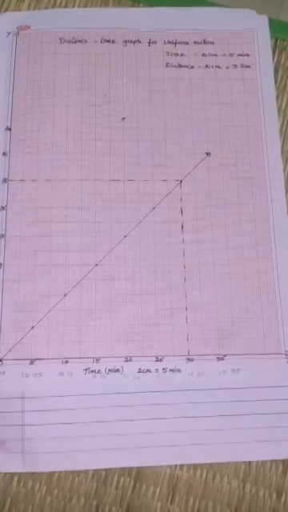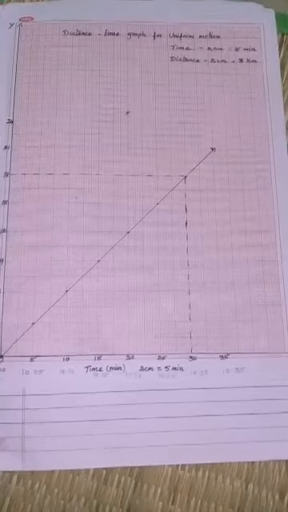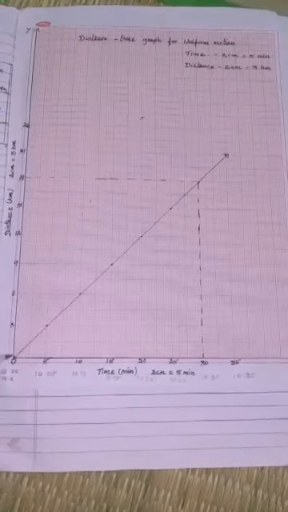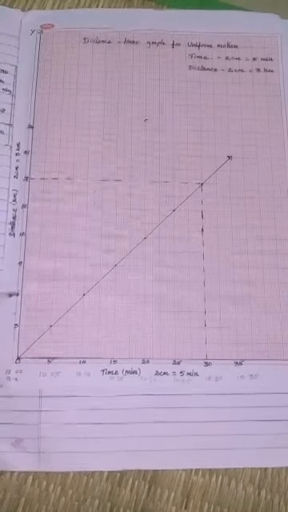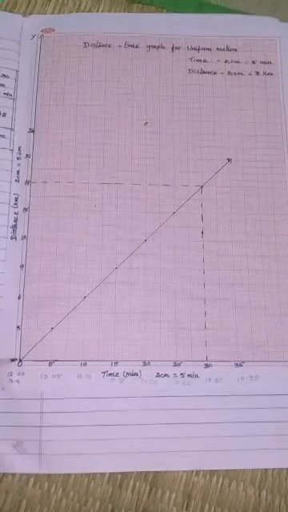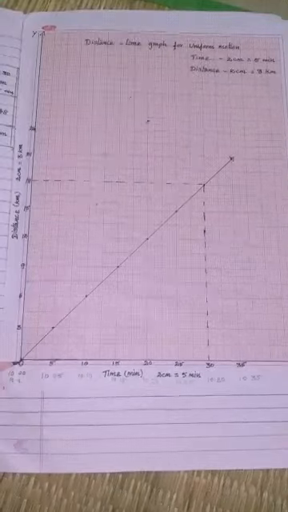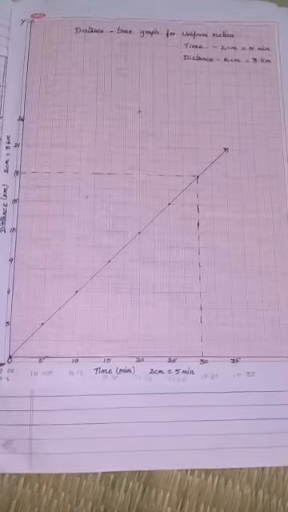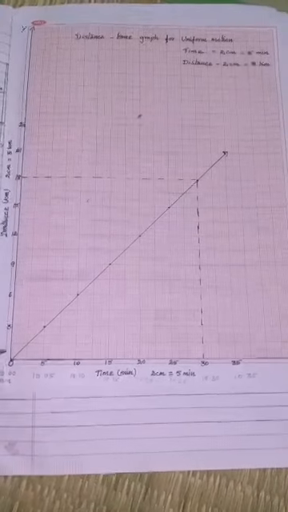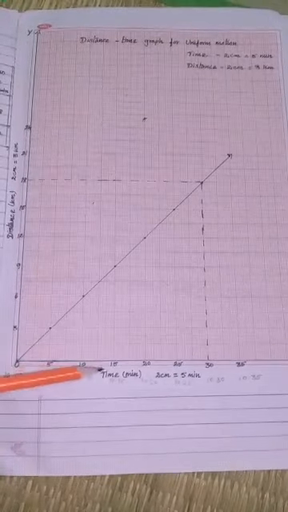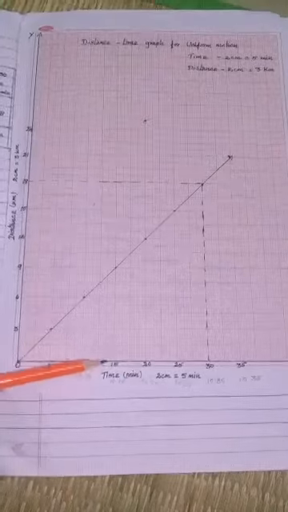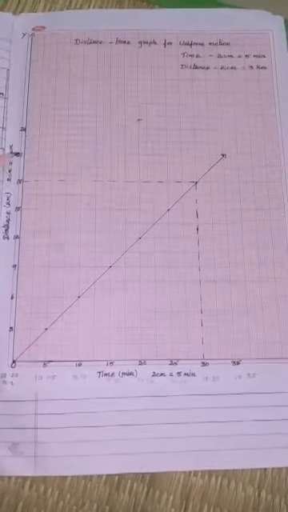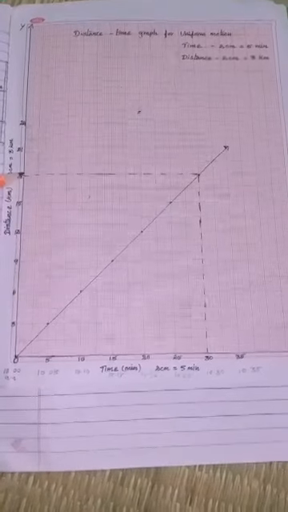The point where the two axes meet is called the origin. The place where they intersect is the origin. We mark that as 0. Time is represented on the x-axis and distance on the y-axis.